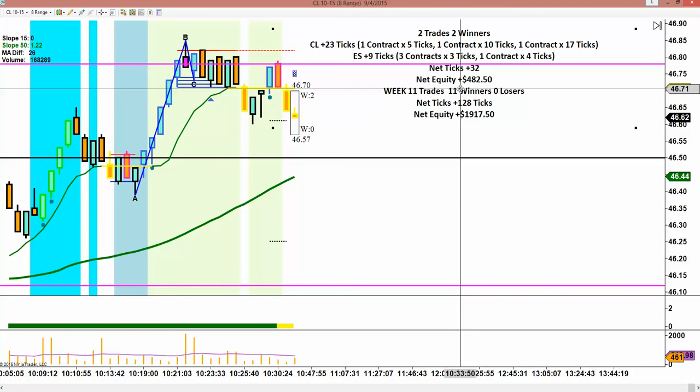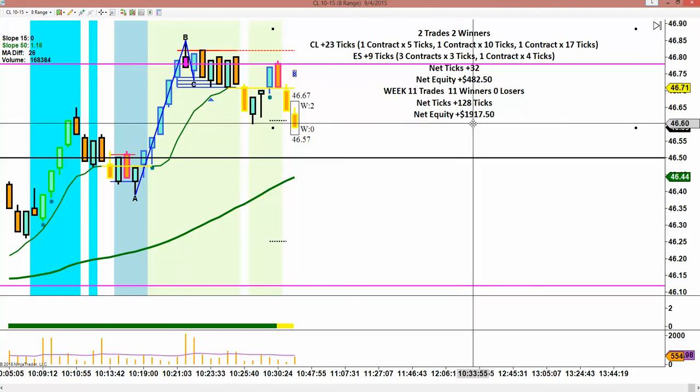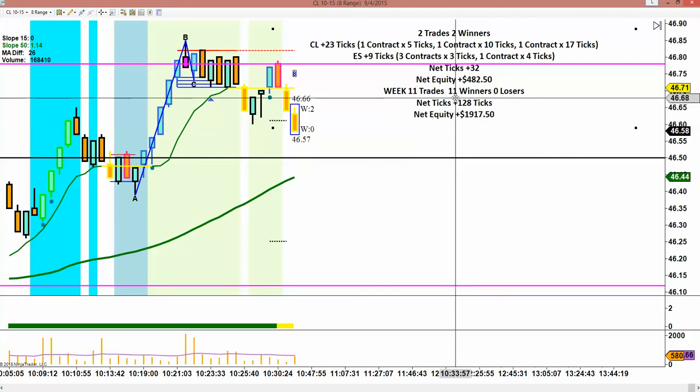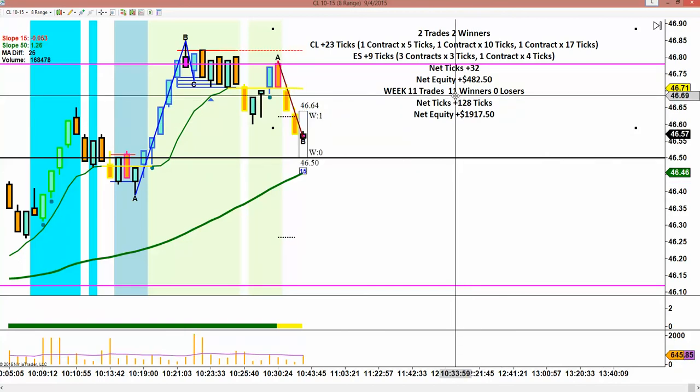So we have about $160 in commissions. On 11 trades, if we count 3.5 round trips, because we have 4 round trips on the ES, 3 round trips on crude. It's really closer to probably 3.3, but if we take it at 3.5 and multiply that by 11, it's 38, maybe whatever.